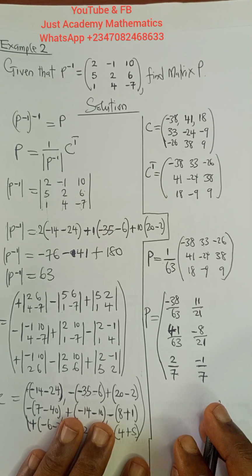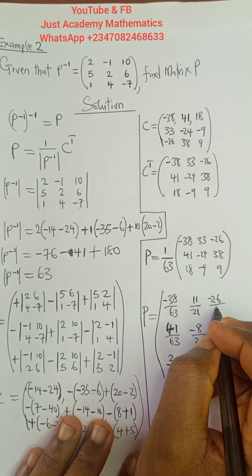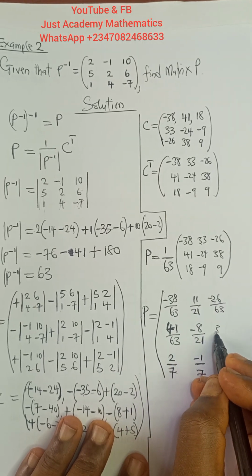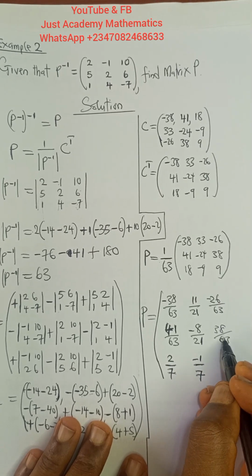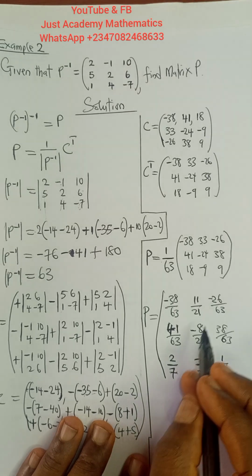So we'll leave it as negative 26 over 63. 38, same thing, 38 over 63. Then 9, 1 over 7.